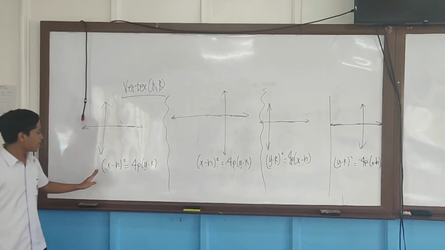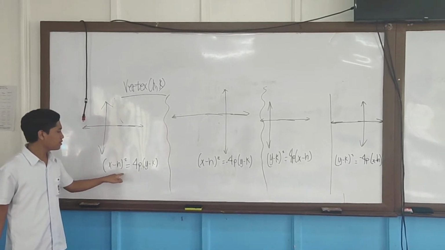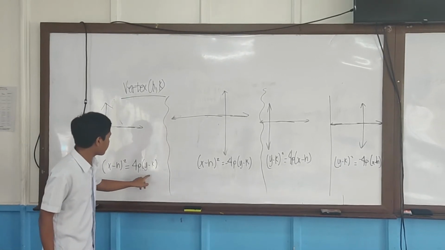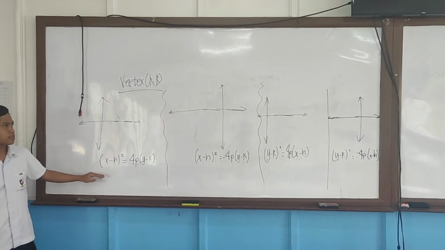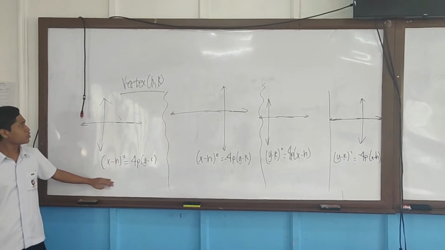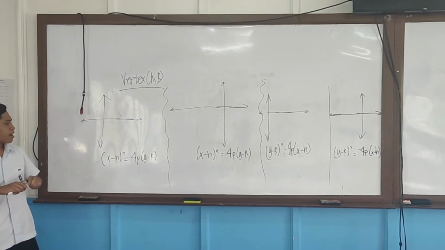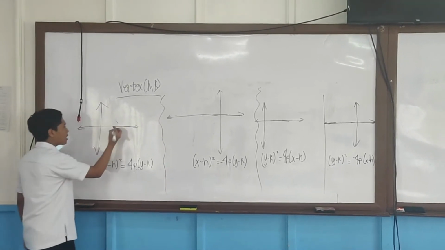First of all, given here we have (x minus h) squared equals 4p times the quantity (y minus k). This is the standard form of the equation with vertex (h, k) if our parabola opens upward.